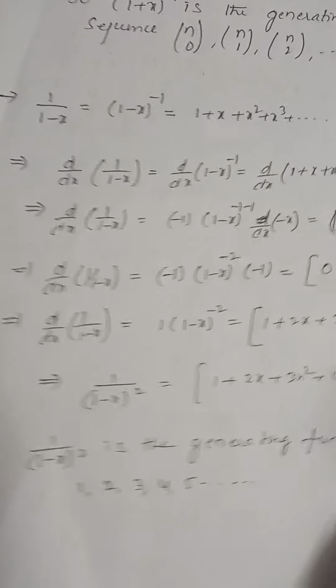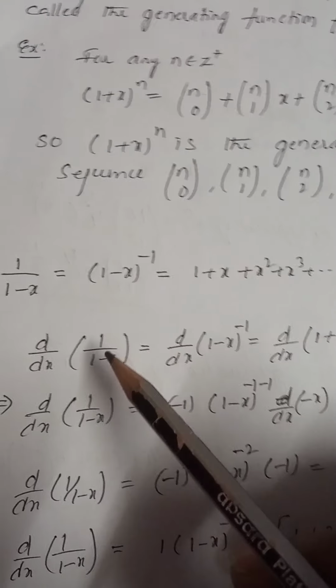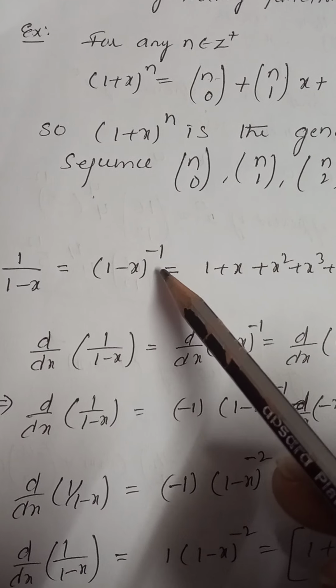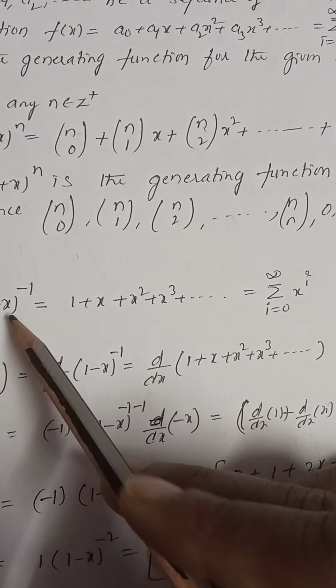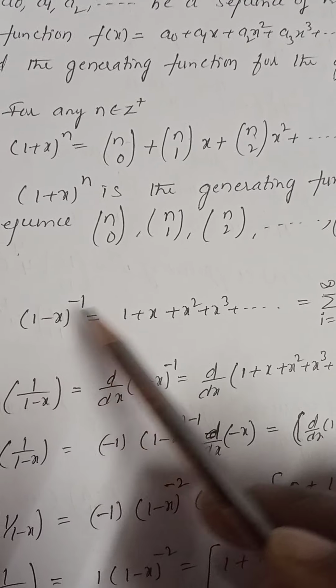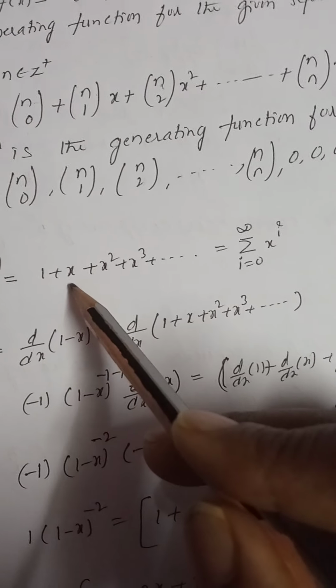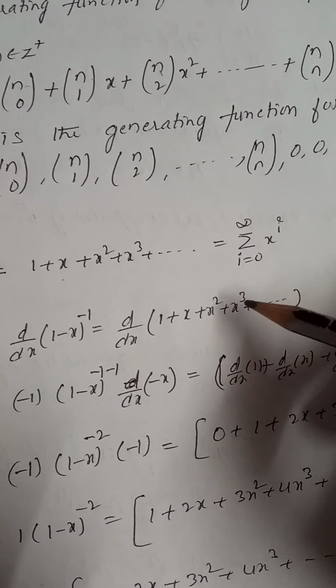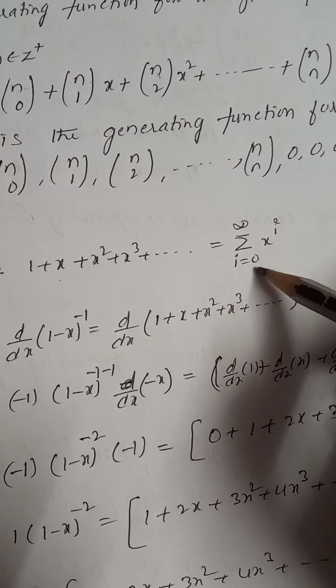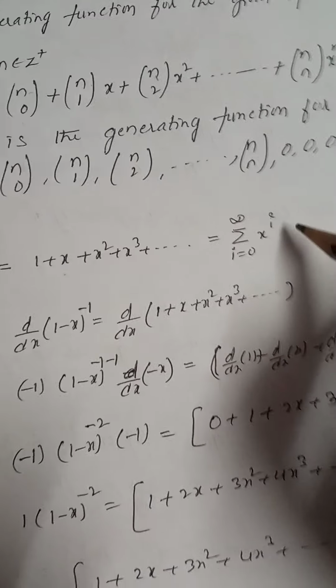Now 1 by 1 minus x can be written as (1 minus x) whole to the power of minus 1. This is the expansion of this expression: (1 minus x) whole power minus 1 can be written as 1 plus x plus x square plus x cube plus so on. In summation form, summation i running from 0 to infinity x power i.